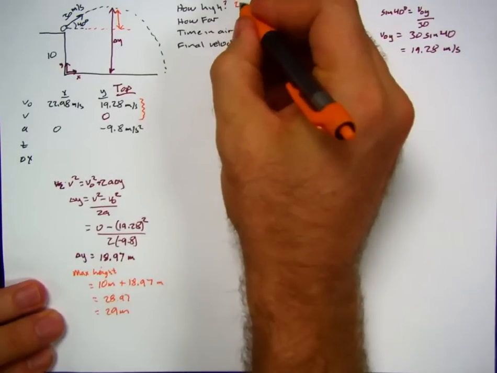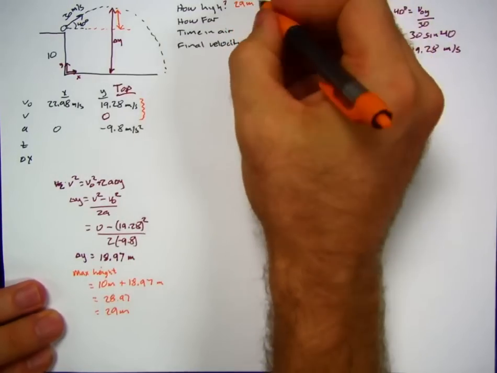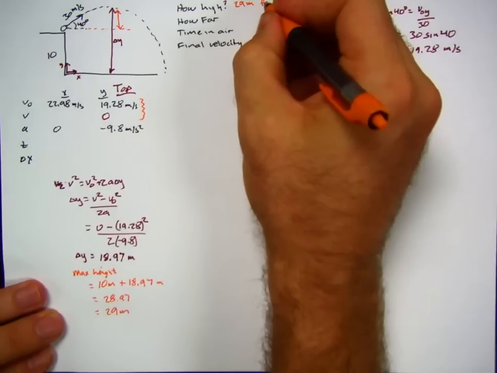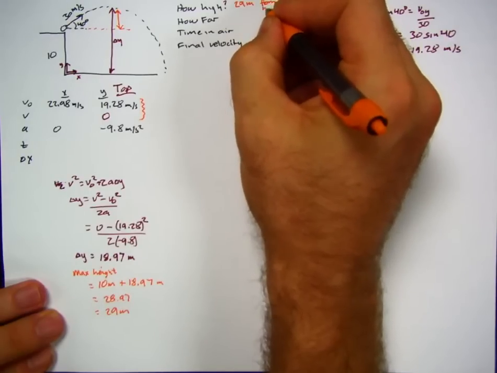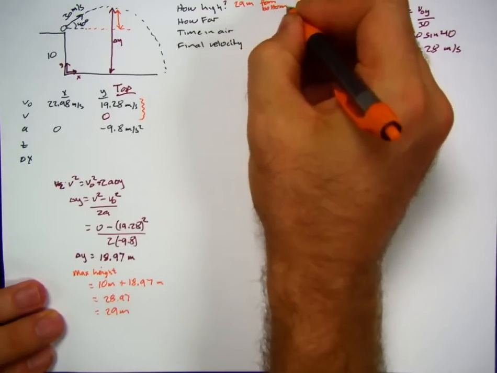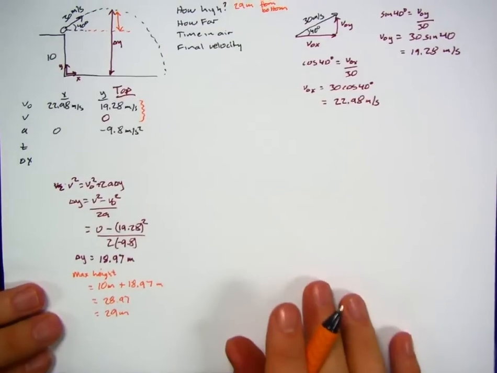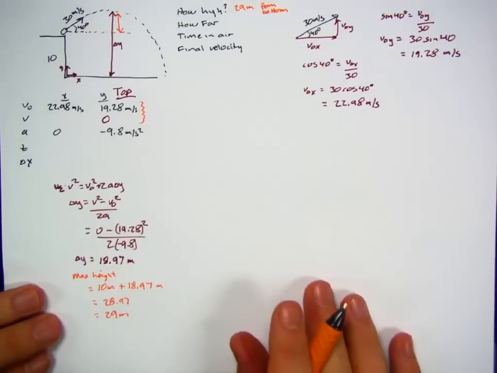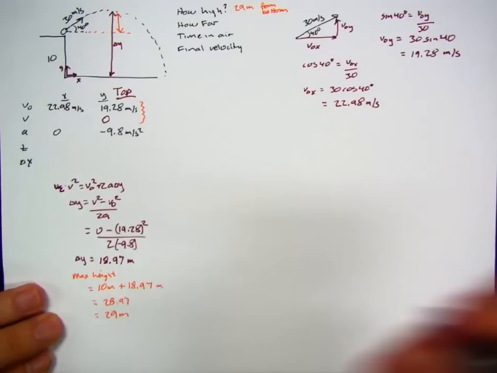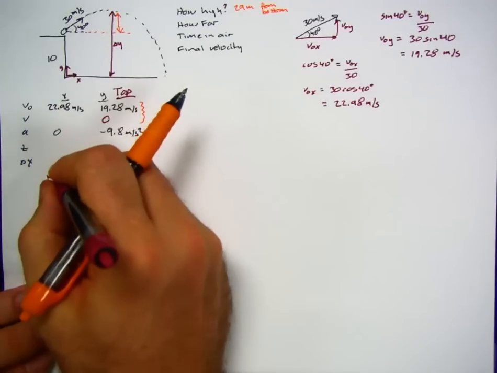How high? 29 meters, and I'm going to tell you explicitly from the bottom, so you don't get confused. 29 meters from the bottom of the cliff. Okay, so that's my how high question.